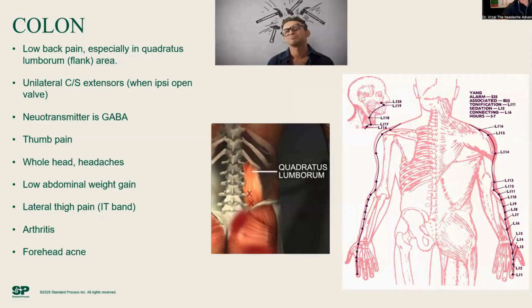So, nice graphic of the pounding headache there with the hammers. Quick question, Dr. V. We mentioned high serotonin and the pounding headache. Do you find people who are on antidepressants that are serotonin reuptake inhibitors tend to have that type of headache as well? That could definitely be a contributing factor.